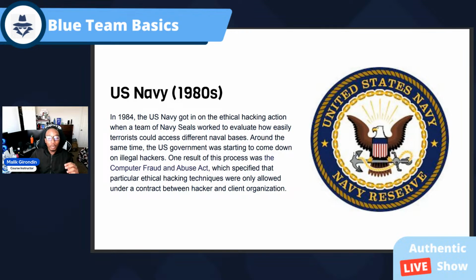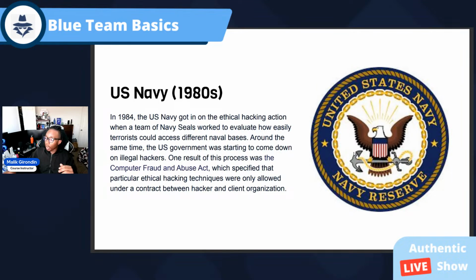One result of this process was the Computer Fraud and Abuse Act, which specified that certain ethical hacking techniques were only allowed under a contract between the hacker and a client organization. Guys, that's ethical hacking. That's penetration testing. Even the military is getting on this. Why? To better combat terrorists.